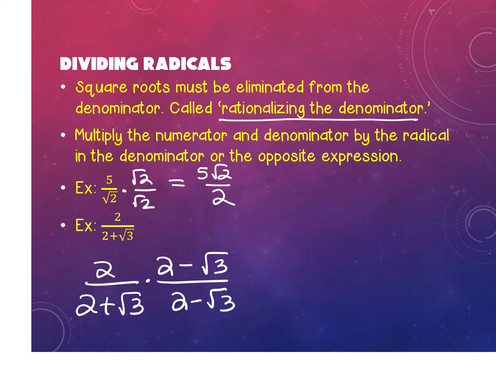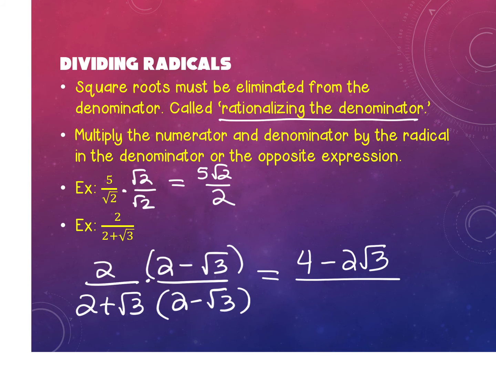Because if you recall, back from example number 21, when I FOILed it, it ended up eliminating the outer and the inner, and that got rid of it. So what I'm going to do here is I need to FOIL the denominator, but the numerator I'm going to distribute because it's just a number times a binomial. So for the numerator, I'm going to distribute the 2 to the 2, and then the 2 to the square root 3.